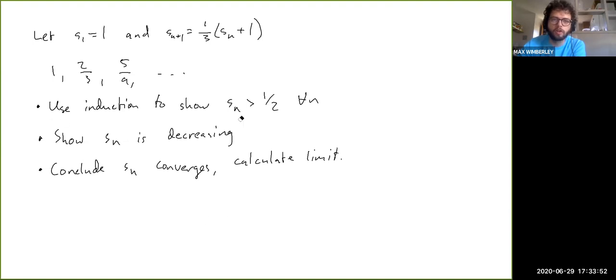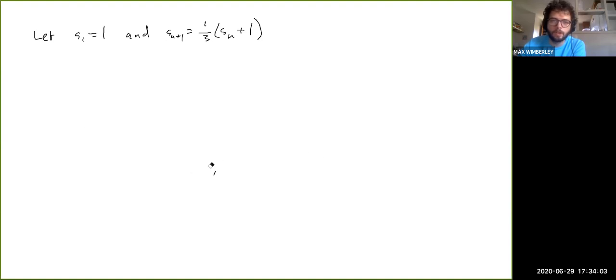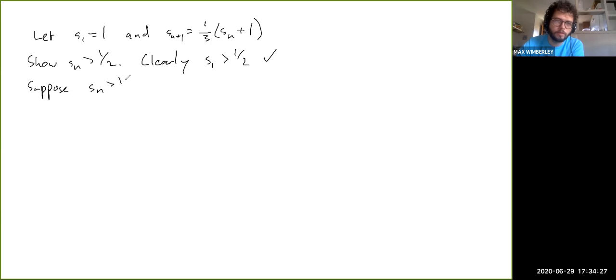So let's first show that Sn is bigger than 1/2. We have to do this by induction, which is what was suggested, right? Clearly S1 is bigger than 1/2, so that's the base case. Now suppose Sn is bigger than 1/2 for a particular n.